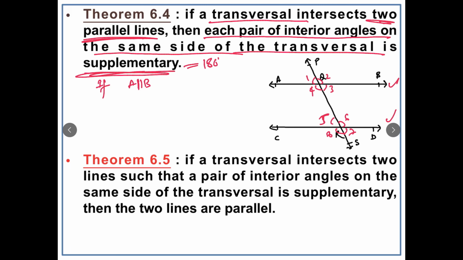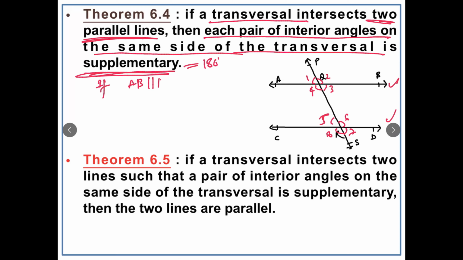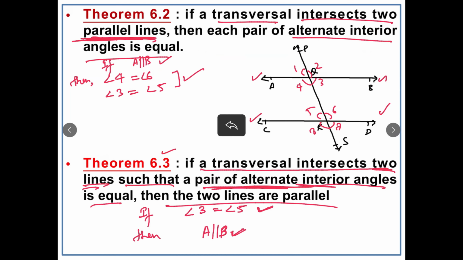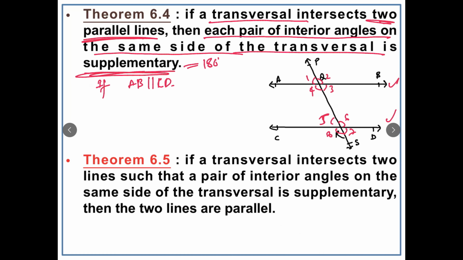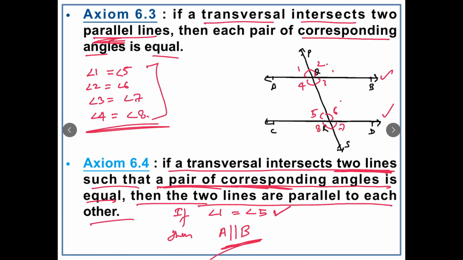We have to write this like this: line AB is parallel to line CD. Similarly here also, AB is parallel to CD, and here also, AB is parallel to CD.